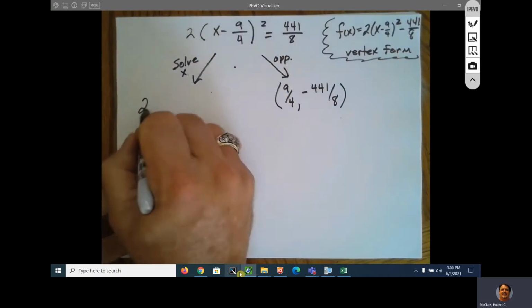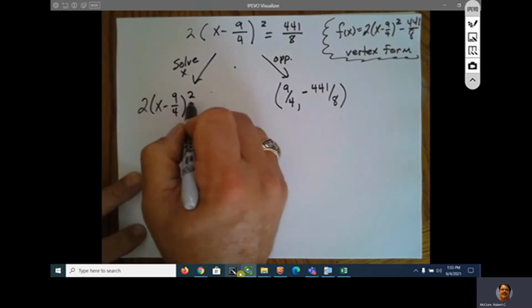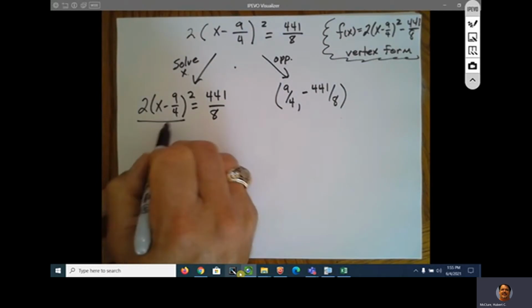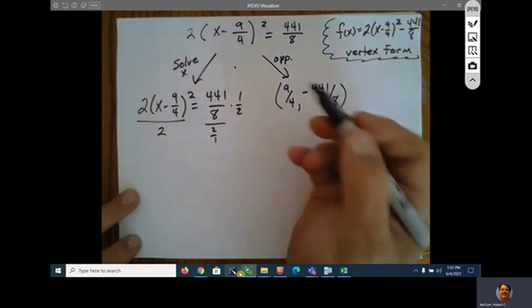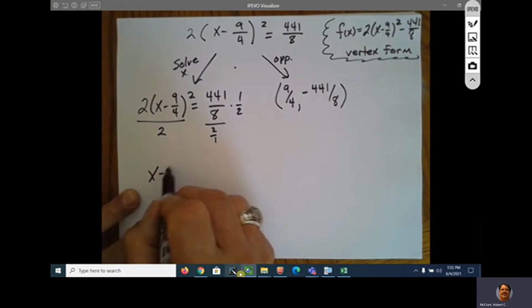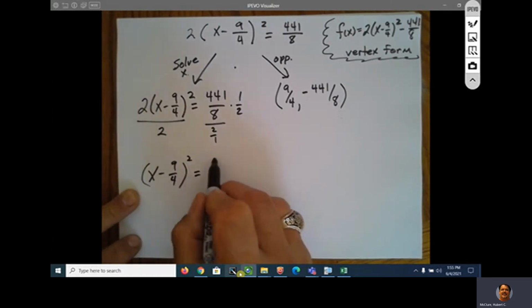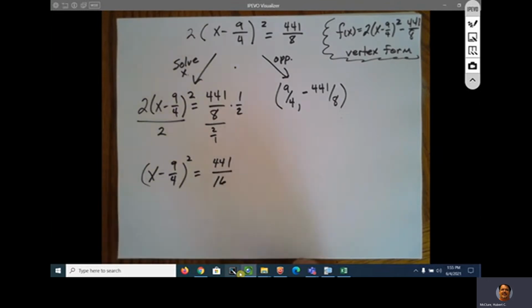And that's going to be 2 times x minus 9/4 quantity squared is equal to 441 over 8. Divide by 2 over 1, multiply by 1 over 2. And that's going to be x minus 9/4 quantity squared is equal to 441 over 16.